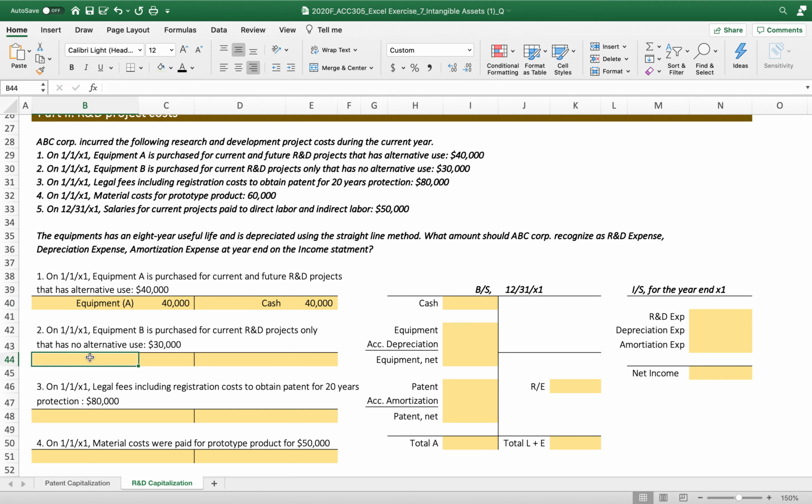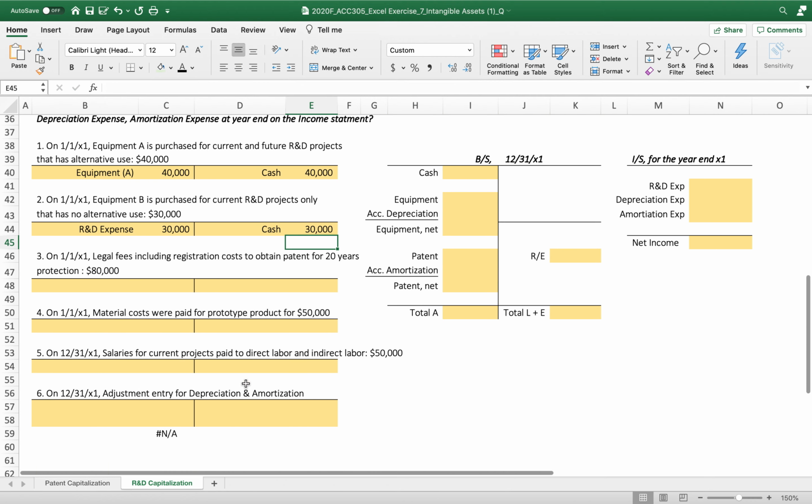And then equipment B is purchased for only current R&D project. Now that is R&D expense, just R&D expense. So we put all this amount, $30,000, in the expense. So cash out.